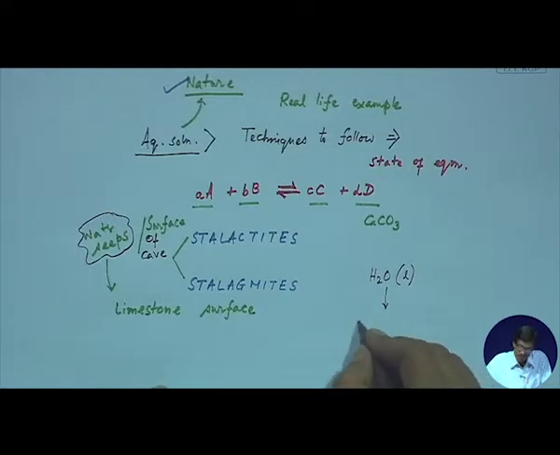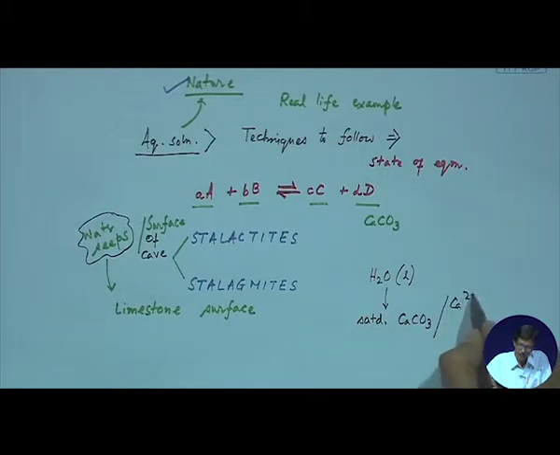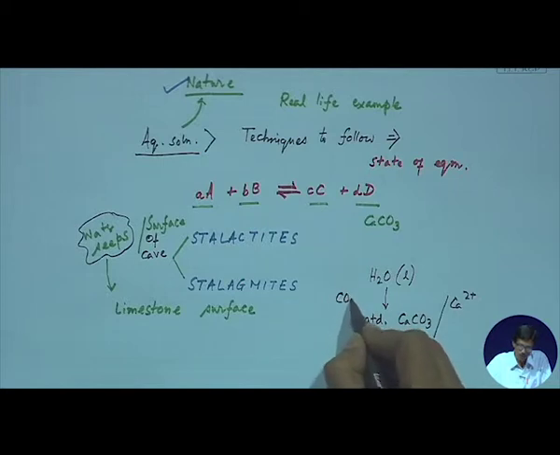So, it gives us a saturated solution of calcium carbonate. When this saturated solution of calcium carbonate is there, in presence of CO2, it gives Ca2 plus and HCO3 minus.